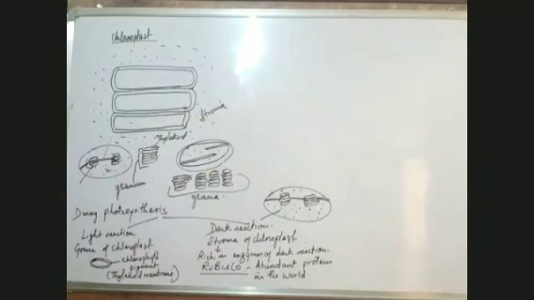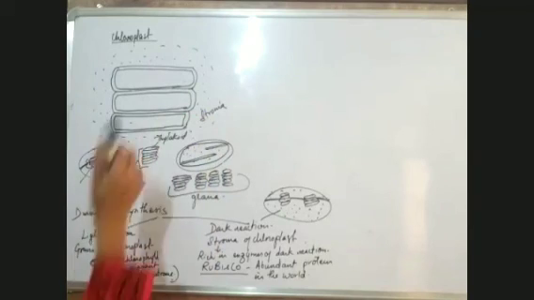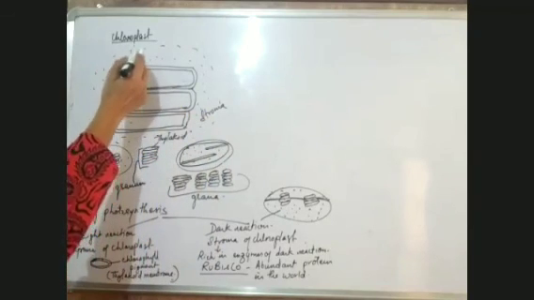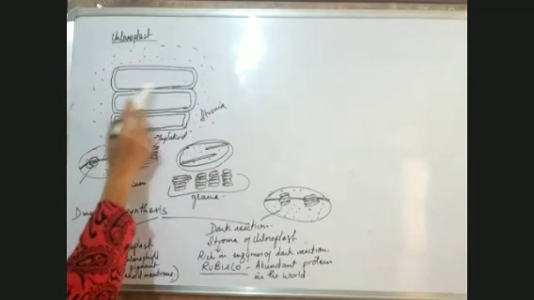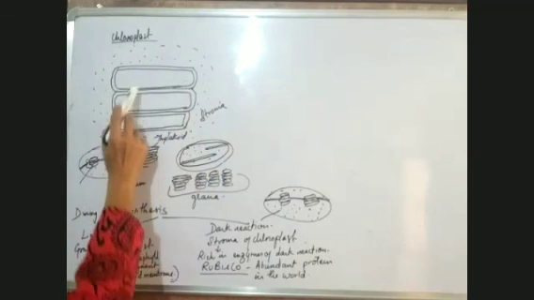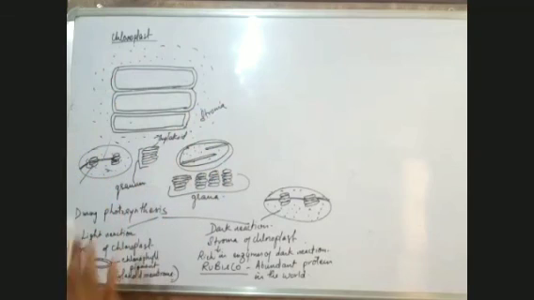Now, if you see, some membranes of thylakoid are touching the stroma, but these membranes are not touching the stroma. They are towards each other.